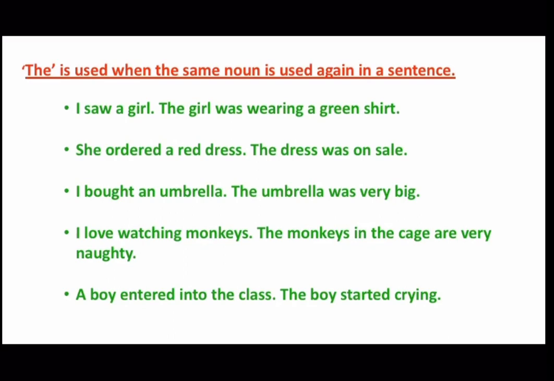It can be any monkeys, but in the second part of the sentence, the monkeys in the cage are very naughty. A boy entered into the class. It can be any boy. That's why we have put a. But in the second part of the sentence, the boy started crying. The same boy who entered into the class started crying.